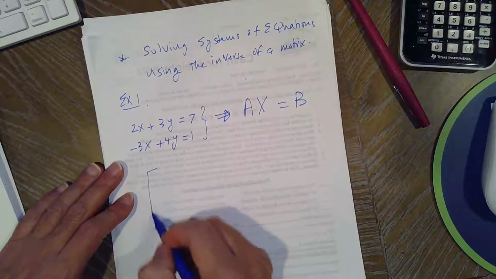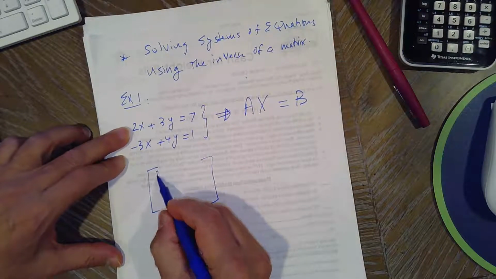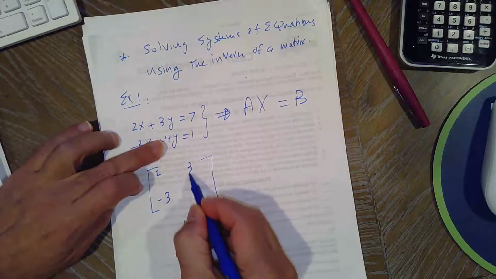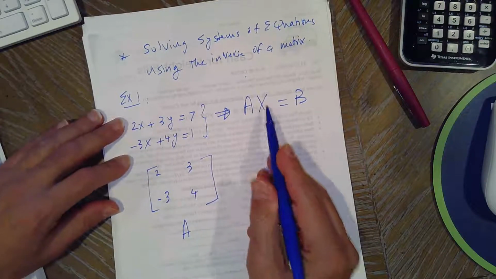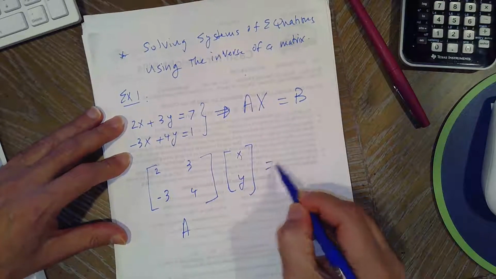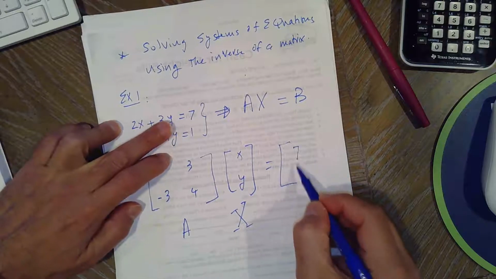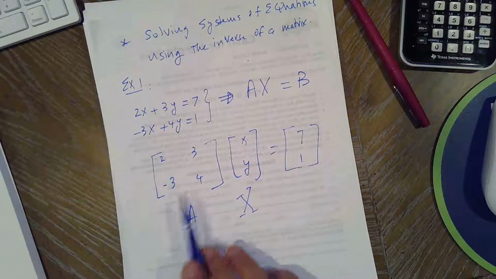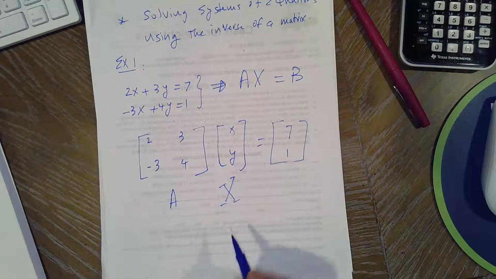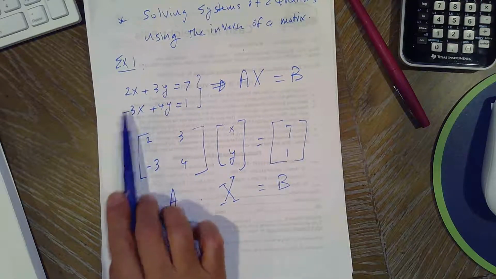How is that? We're going to write matrix A, which is the coefficient matrix, the coefficients of x and the coefficients of y, and matrix X is the column matrix x, y, and matrix B is the constant matrix 7, 1. And you can see that A times X equals B is exactly the system of equations.